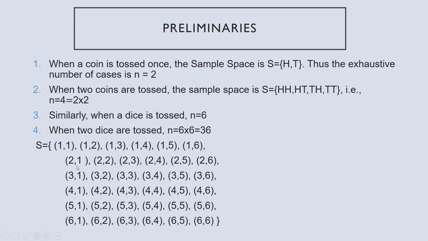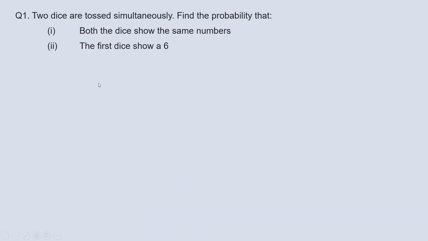This was for the first dice showing 1, and for 2 there are again 6 cases. For the first dice showing 3 there are 6 cases. For each of 1, 2, 3, 4, 5, 6 on the first dice, there are 6 on the second dice. Hence, the total number of cases is 6 from the first into 6 from the second. That is 36. Now let us start some problems.